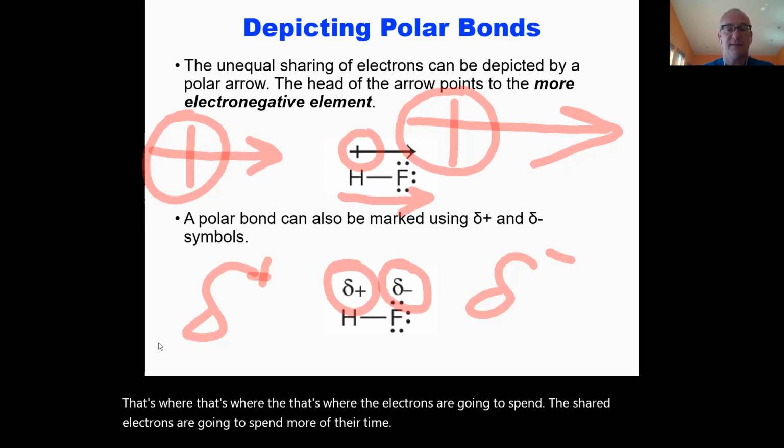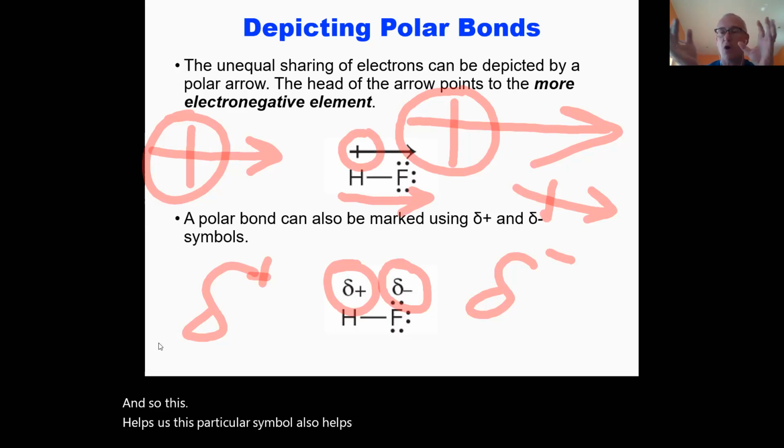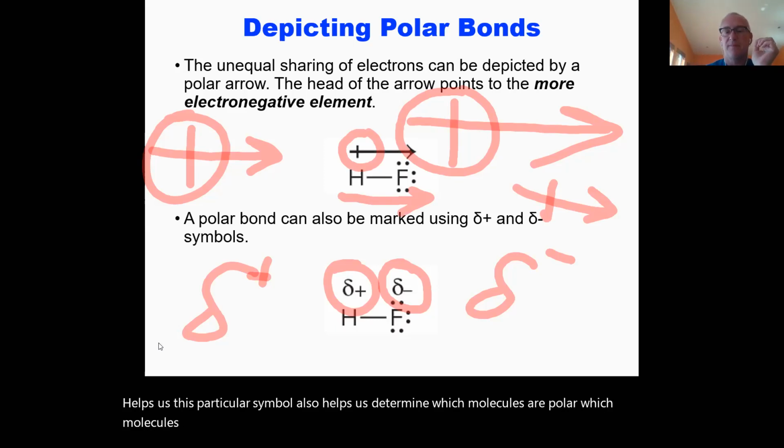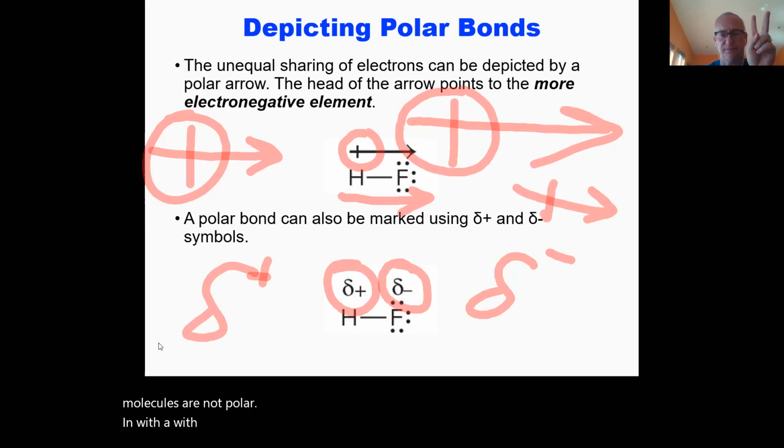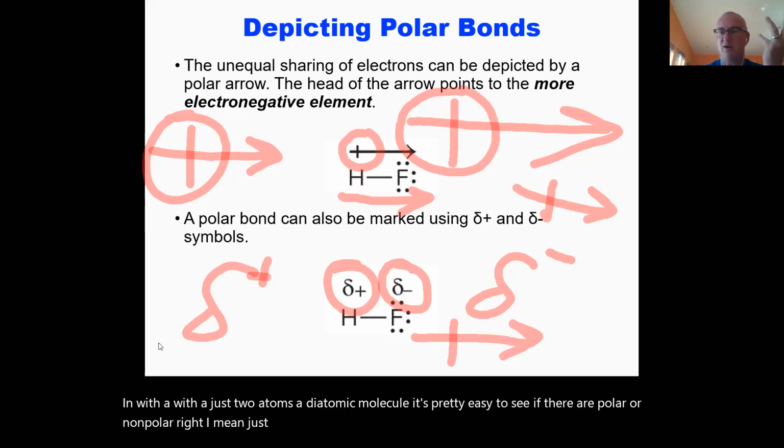And so this symbol also helps us determine which molecules are polar and which are not polar. With just 2 atoms, a diatomic molecule, it's pretty easy to see if they're polar or nonpolar, right? You just see, does it have an arrow? Oh yeah, it does. Done. It's polar.